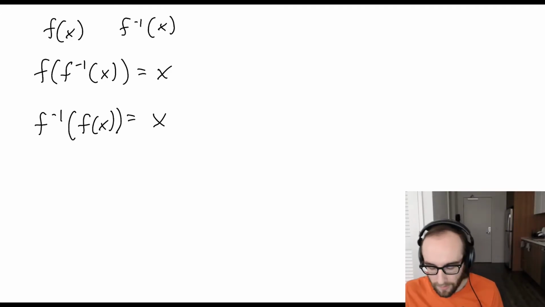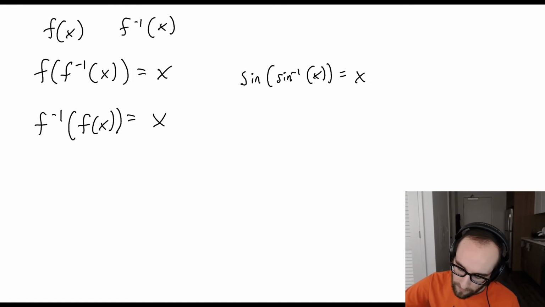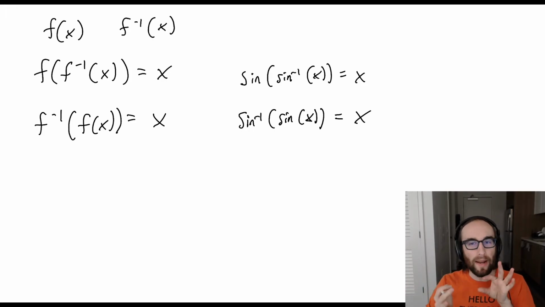One quick note is, this is true for sine and inverse sine. Sine of inverse sine of x gives us x. Inverse sine of sine of x equals x. So they, in a way, kind of cancel each other out or undo the operations that we're doing to x.